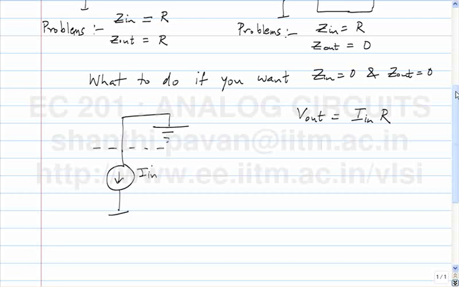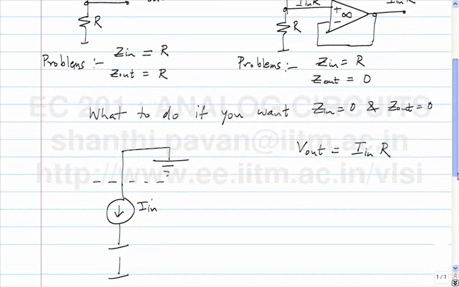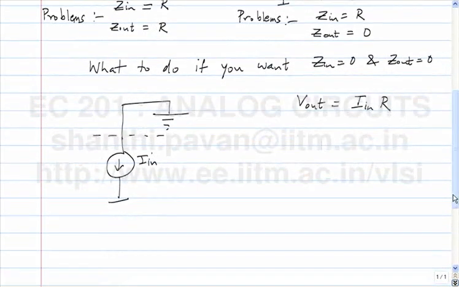What all would you need? Somehow we need a resistor R, right? What else? A resistor in series with the current source is out of question because we know that the input impedance is not going to be 0. Whatever we do, the current source must go into ground. So conceptually, what would you do?